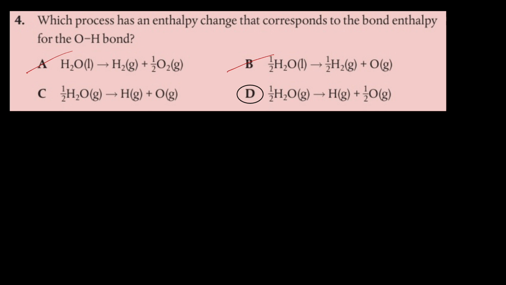Then we are looking at the options of C or D. Now in option C, that's going to represent the complete dissociation of 1 hydrogen and half an oxygen atom, but bond enthalpy is defined per single bond and not the entire molecule. So since we're looking at a single bond, that means we're looking at the bond between H and O. Our final answer would be D.